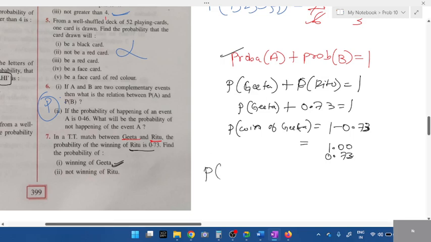The main concept here is the question is winning of Geeta. So write this: winning of Geeta is equal to 1 minus 0.73, you get 0.27. 0.27 is the answer for the first question.